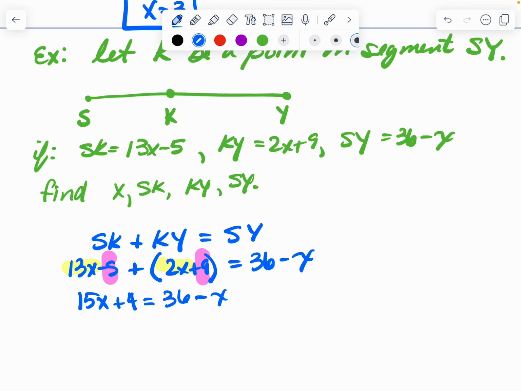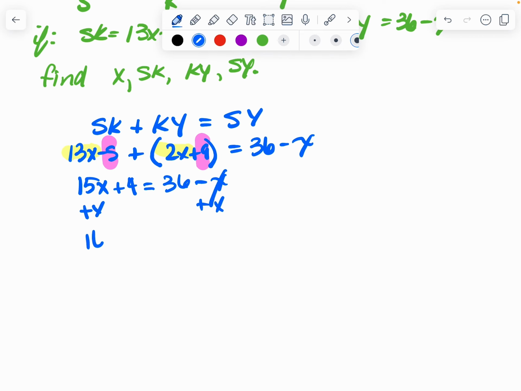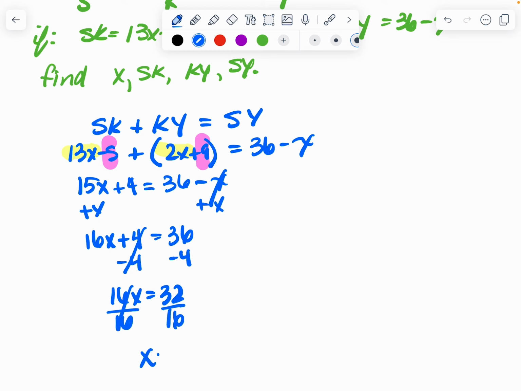So I like my x's on the left, so I'm going to add x to both sides so that 16x plus 4 equals 36. Then we subtract 4 from both sides so that I get 16x equals 32. Then we divide, and I get x is 2.